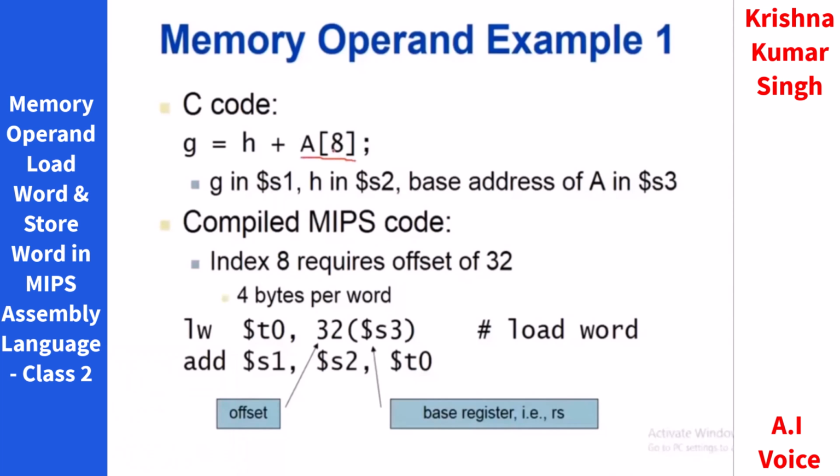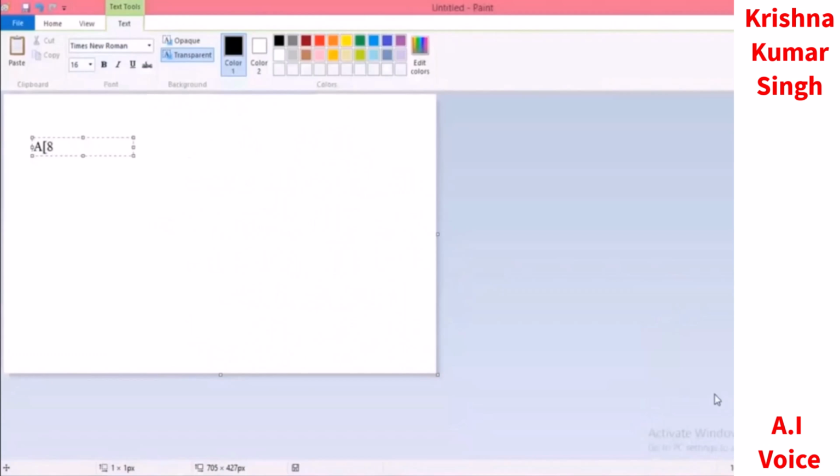As you know from data structures, in order to find the address of one element in the array, the compiler uses the base address of the array, and then that base will be added with the index multiplied by the size of the elements of the array, in order to find the address of index 8 of this array.